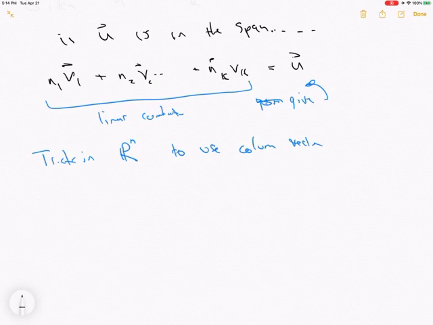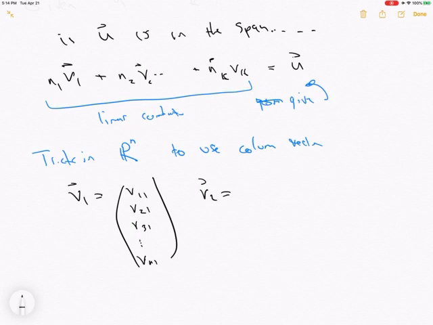So let's say the vector v1, I'm going to write that as the column v1,1, v2,1, v3,1, down to vn,1. So v1 looks like that, right?